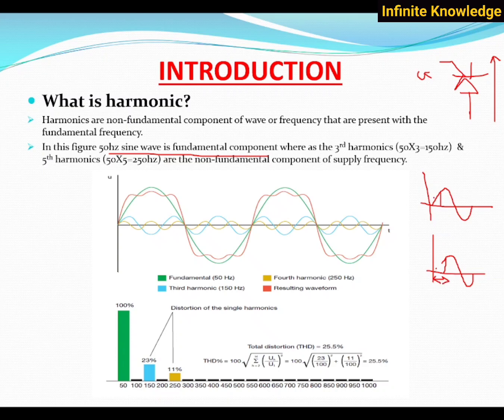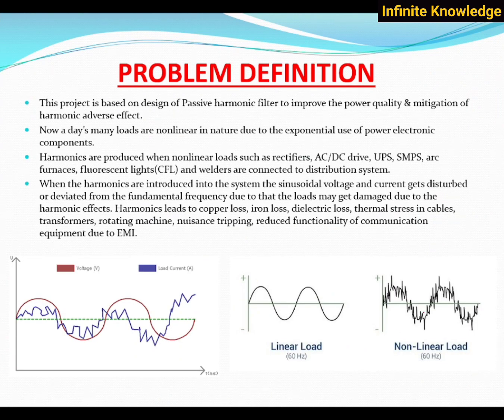So due to this continuous firing in the system, our sinusoidal waveform is spoiled and becomes this type of waveform, due to non-linear devices, rectifiers, transistors, CFL lamps, different drives, personal computers and laptops also, because there is a charging system in which we are using a power electronics device.